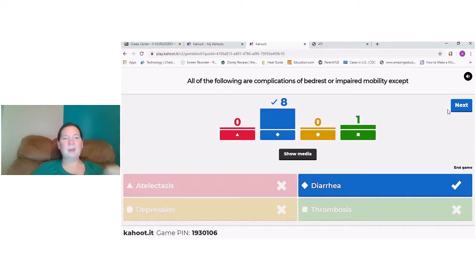Atelectasis, where their alveoli start to wither down and they're not getting as good gas exchange. Constipation because of the slowing. They'll get urinary retention. They'll get DVTs, thrombosis. Don't forget about psychosocial. We always focus on the physical. Don't forget that they can get things like depression from the isolation that being on bed rest causes.